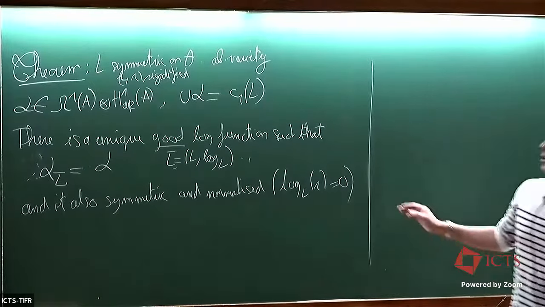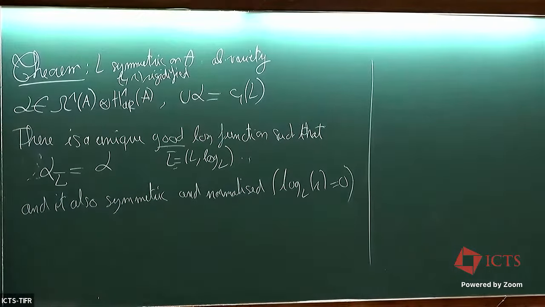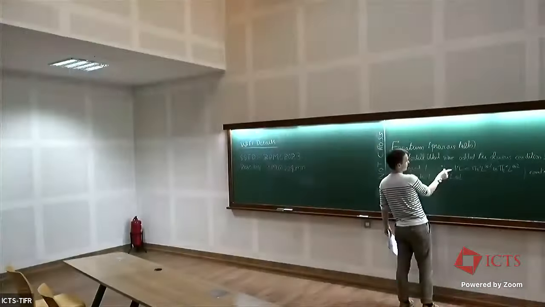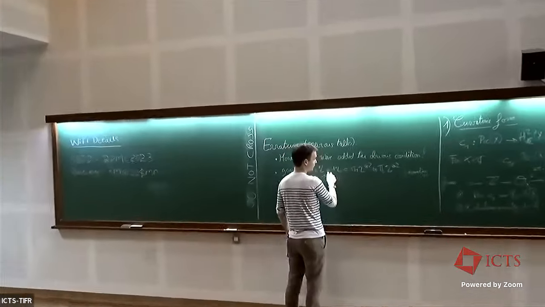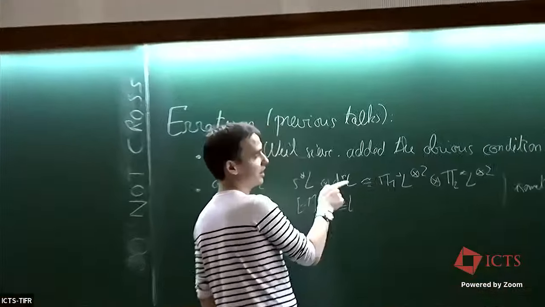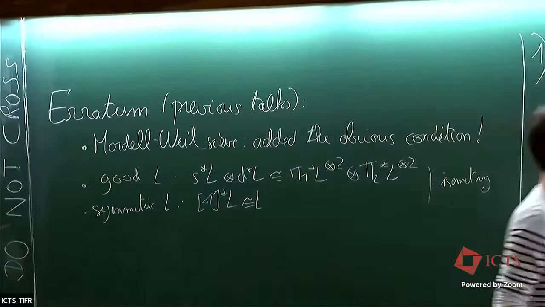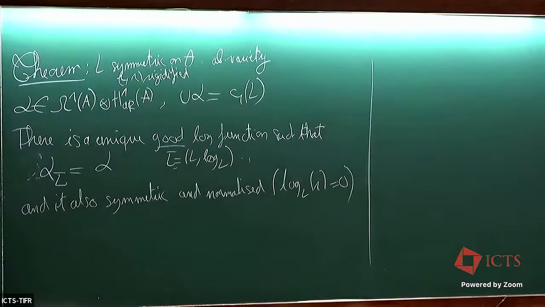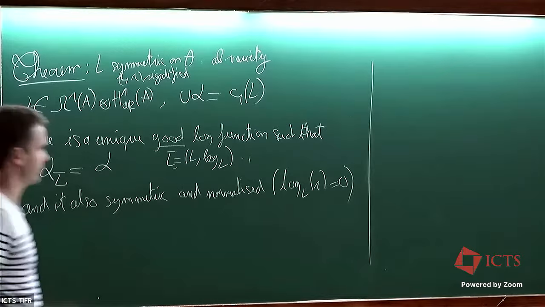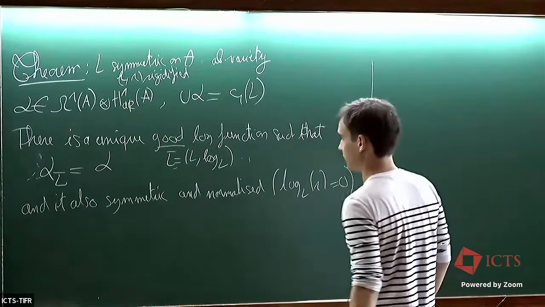To recall, once you have rigidified your line bundle, you know this happens for symmetric line bundles, okay? But now you have rigidified, you can rigidify this, this, and all this. So there is a unique isomorphism of rigidified line bundles going there. And that's when you ask, is it an isometric, right? And now, in this case, you have a unique choice here, and it happens to be also symmetric and normalized.